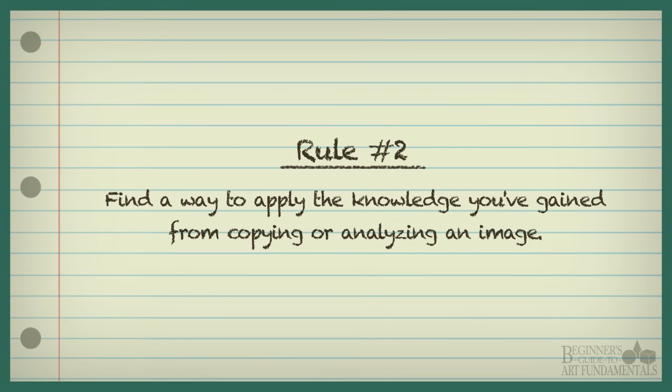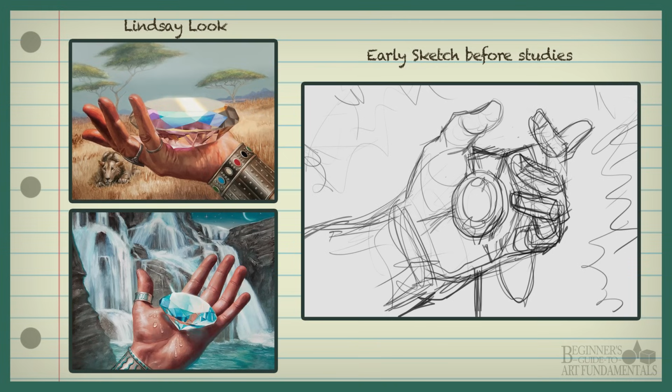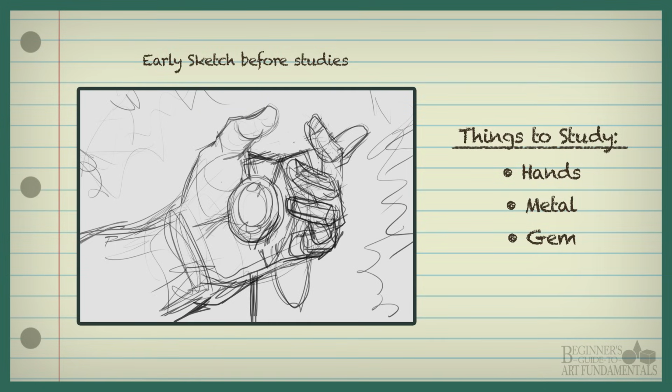So for instance, let's say I'm starting an illustration of a person holding an amulet of some kind, similar to that of like an item card you'd see in Magic the Gathering. Chances are, if I wanted to do my best to learn as much as possible, I'd study the things that make up an image like that. So that'd be hands, metal, maybe the amulet has a unique gem in it that I could study.